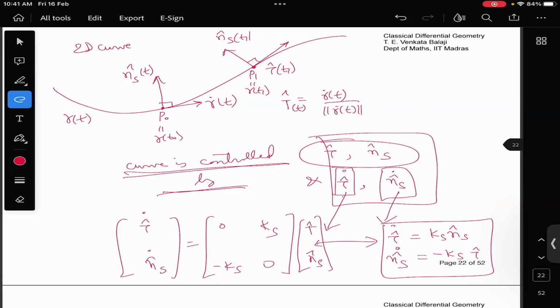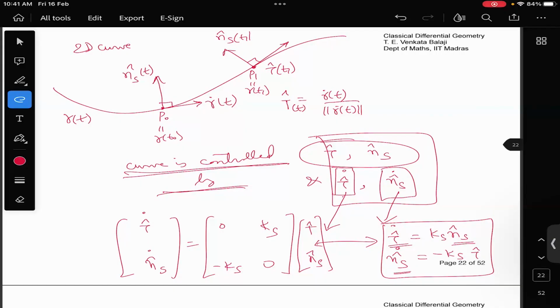So that means T cap dot has only a component in the N cap direction, and N cap dot has only a component in the T cap direction. This is the matrix you get, and this is a matrix differential equation. The beautiful thing is that this is a simultaneous system of first order differential equations. And what is the curve?